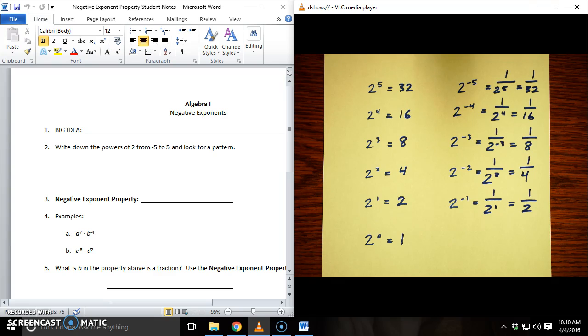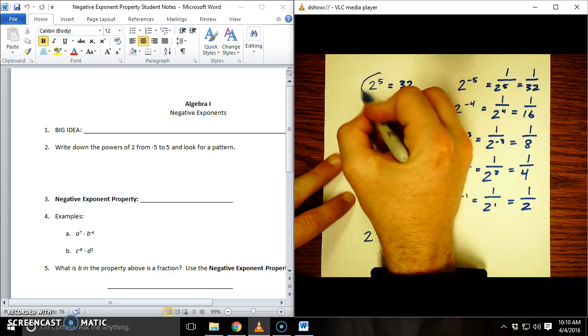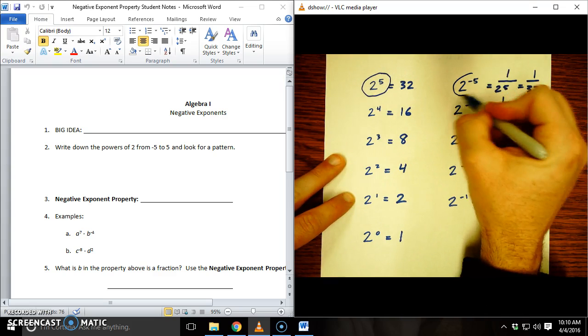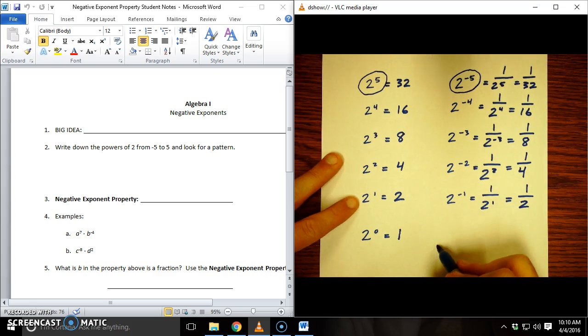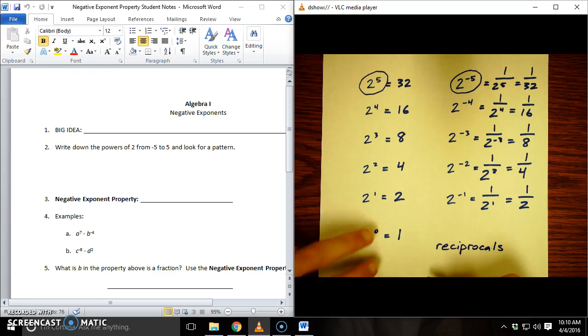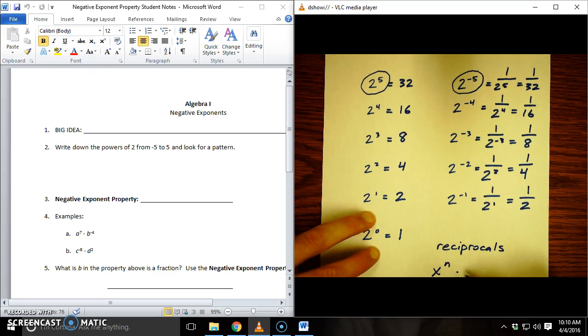So there's a pattern here, and that pattern is that 2 to the 5th and 2 to the negative 5th are reciprocals, which means x to the n times x to the negative n always equals 1.